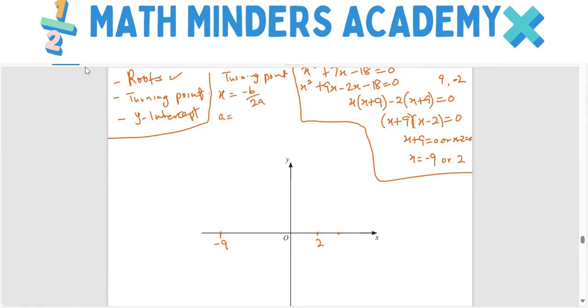A is the coefficient of x squared, which is 1. B is the coefficient of x, which is 7. C is the constant, which is minus 18. So x here is minus 7 all over 2 times 1, which is minus 7 over 2. That is minus 3.5, okay? So it gives us minus 3.5.